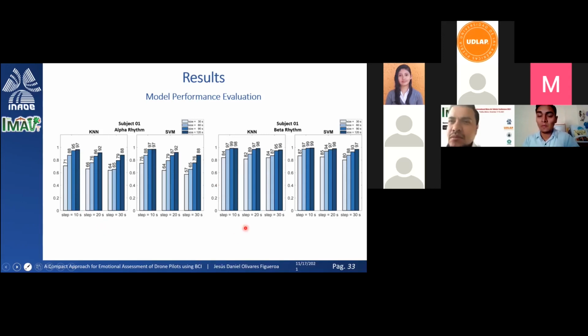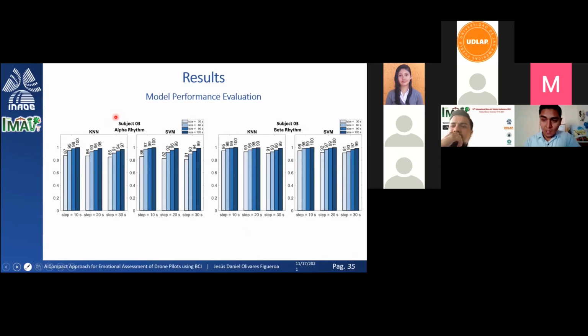The best performance for the three subjects is typically obtained when the window step is 10 seconds for both classifiers, as you can see here. This is repeated for each subject, for subject 1, subject 2, and subject 3. We can see that the results are very similar among the classifiers.